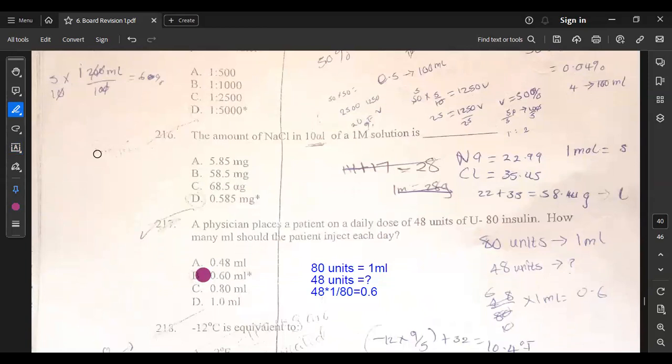Why did you think it's A, B, C? U80 doesn't mean 80 units in 1 ml?